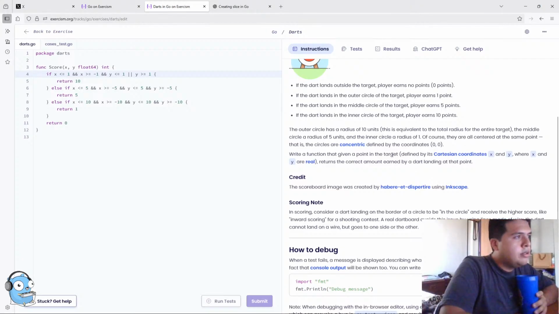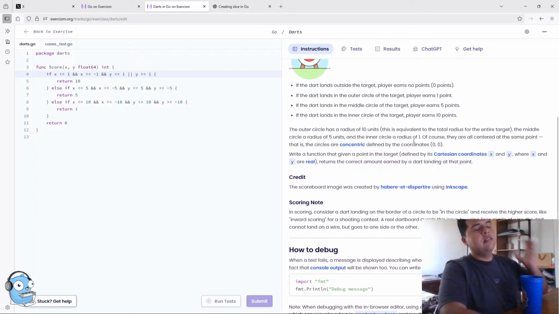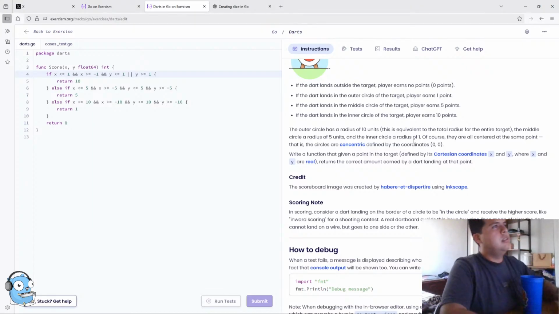The middle circle has 5 units and the inner circle has 1.